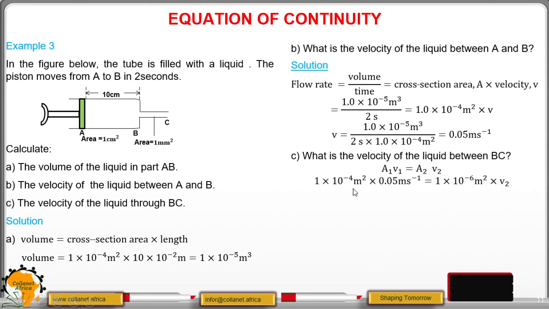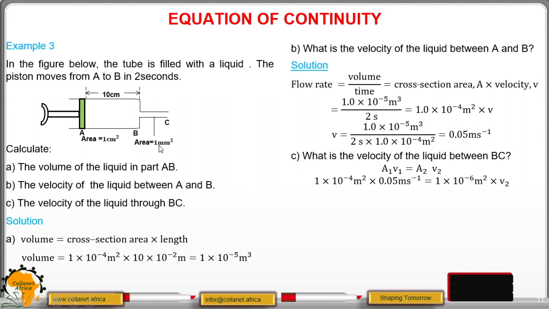So the mass flux on this side will be the cross-section area here multiplied by the velocity in this region, which we have calculated, and it is this value. This will be equal to A2, which is this one.